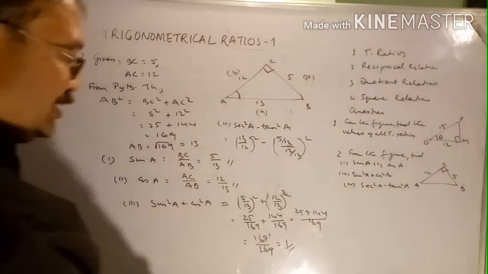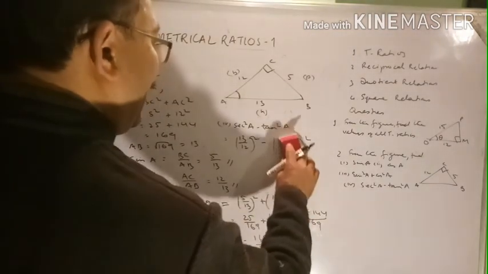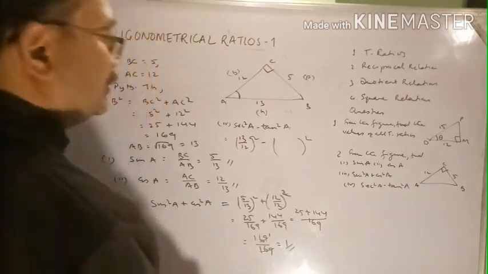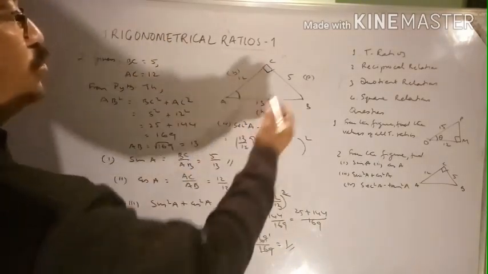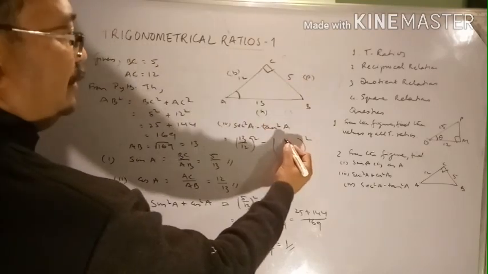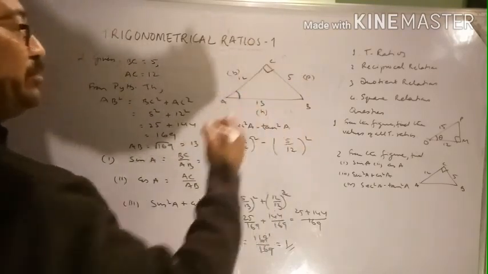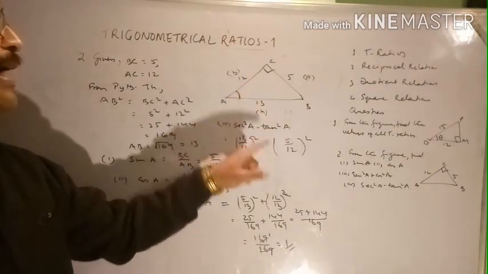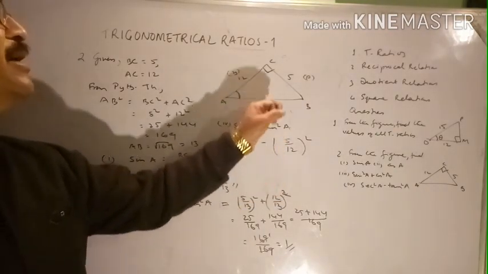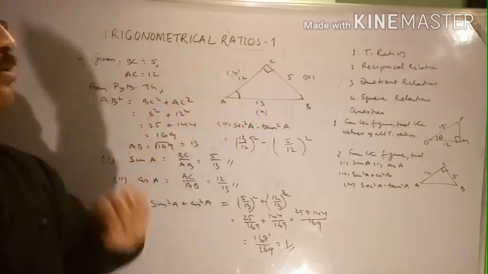Tan, you can also write directly, is P by B. So it is 5 by 12. This way you can write: sec is H by B and tan is P by B. Okay, 5 by 12.